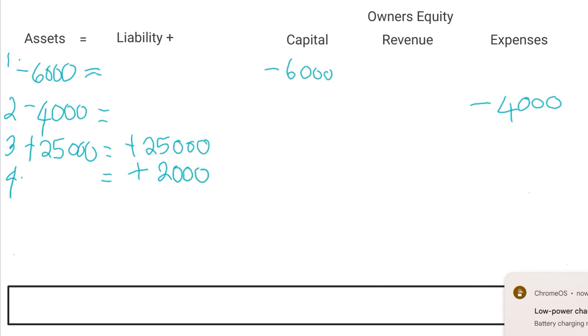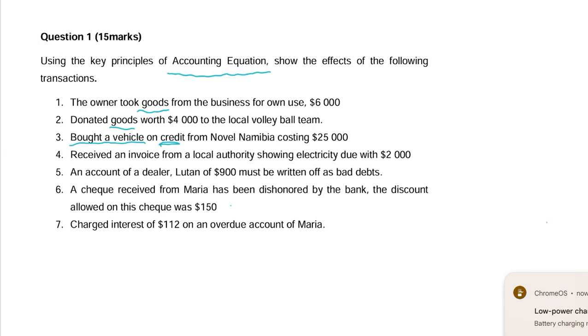And then expenses, we incurred electricity expense for 2,000. So we have to say minus 2,000. All right, so we are deducting this from our owner's equity. It's negatively affecting our owner's equity. Okay, so you just have to think, is it going to positively affect my owner's equity or negatively? So in this case, it's negatively affecting your owner's equity.